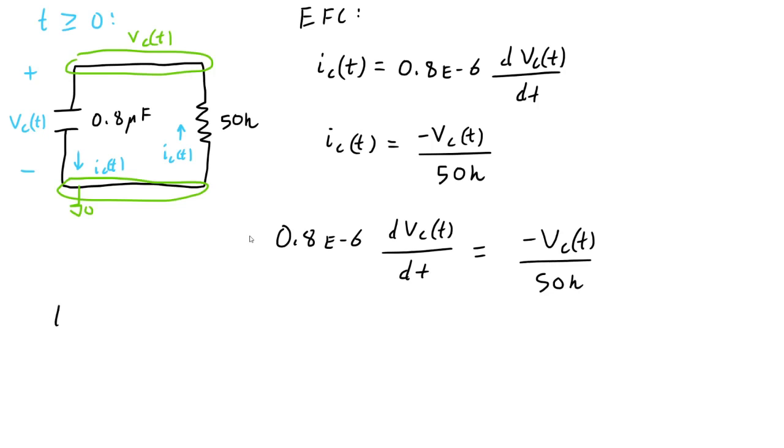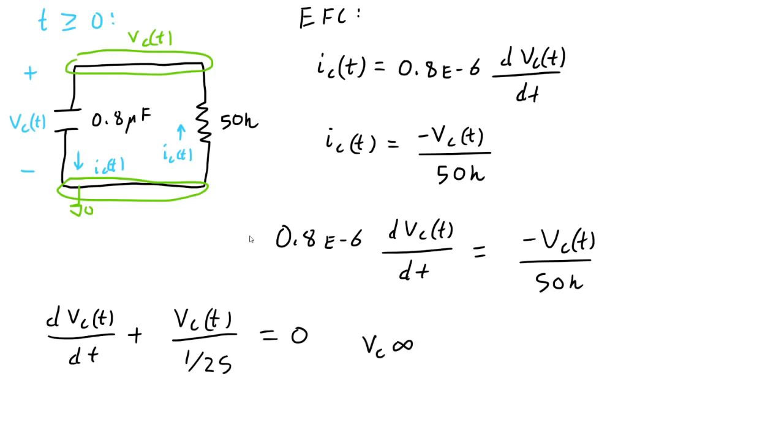So it's going to simplify to dV/dt plus VCT, and we find out what tau is going to be: 0.8E-6 times 50K, that's going to be 1 over 25, equals 0.